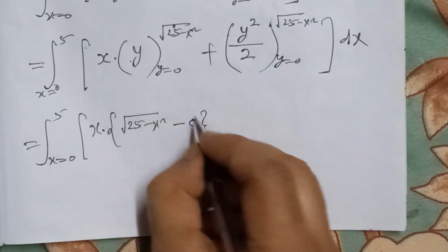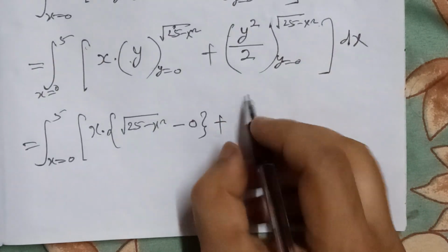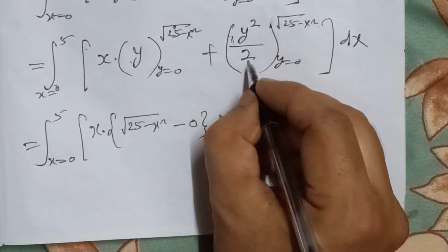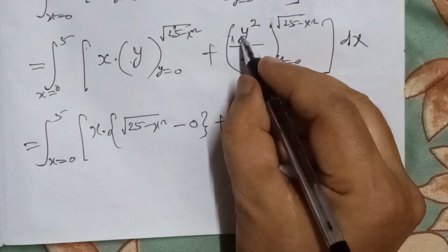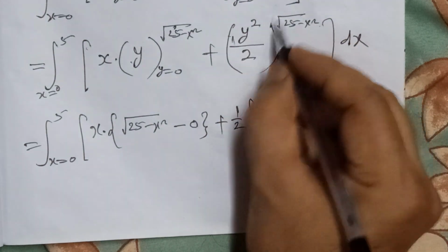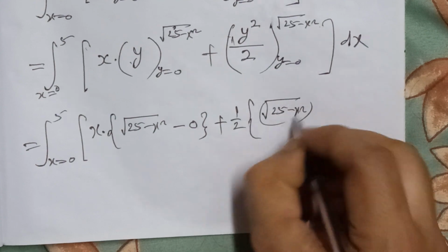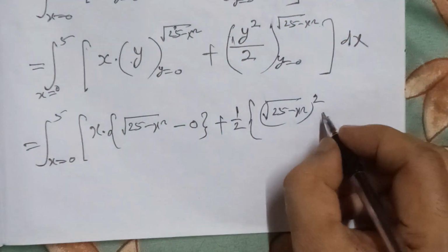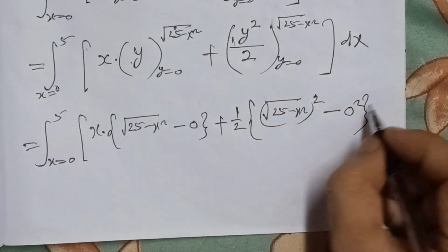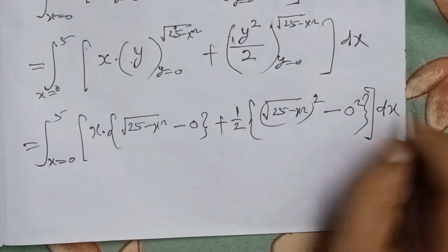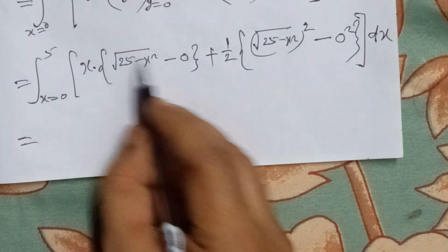Upper limit minus lower limit value of y, this value by this, plus, and also we can take out 1 by 2 outside this bracket and apply the upper limit, putting the value of y in here, (25 minus x square) whole square, because here y is square, minus the lower limit 0, so 0 square. Then we integrate with respect to x after solving this. There are two terms.